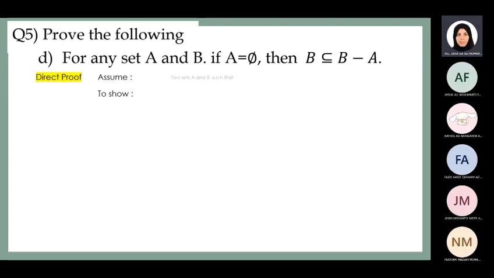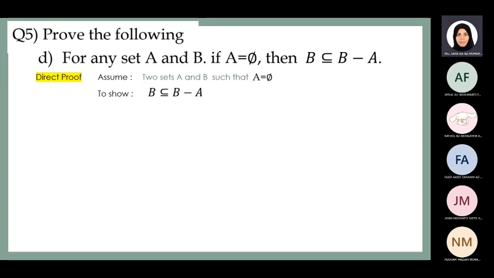I will assume that A is equal to phi and that I have two sets A and B. We said always in the direct proof the assumption is that I have the domain with the premise. Same thing here. We have two sets A and B such that A is equal to phi. Then we have to show the conclusion B subset of B minus A.